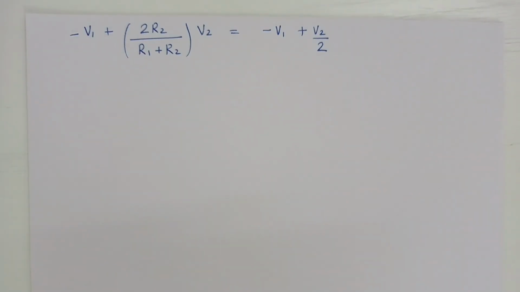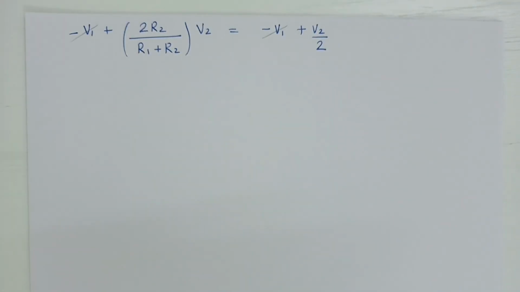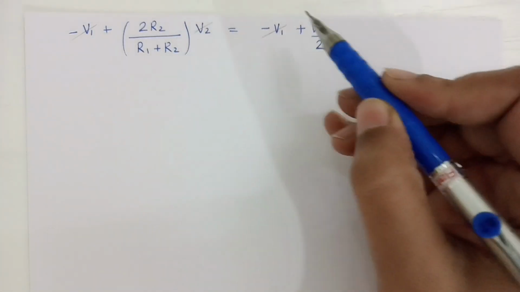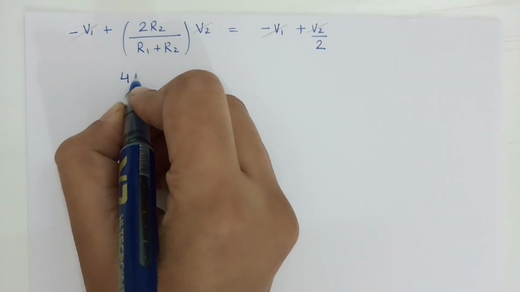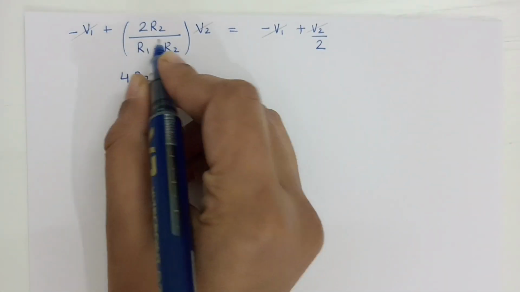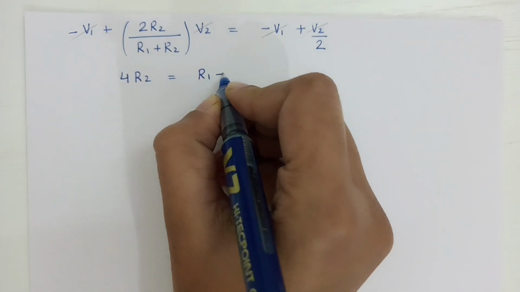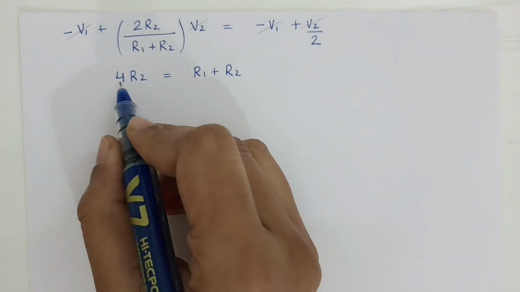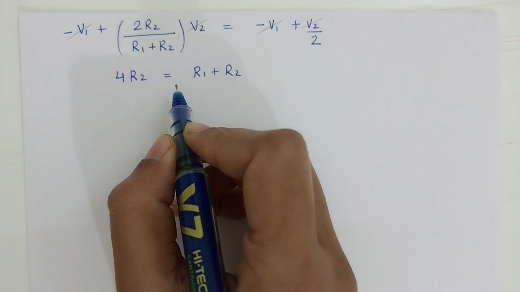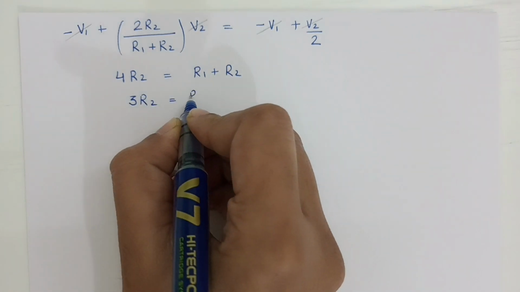So from here you can see we can cancel this minus V1 with this minus V1. Similarly V2 with V2. So 2 times 2 is 4. So here 4R2, and taking this denominator to the right hand side, it will become R1 plus R2 here. And from here 4R2 minus R2 is 3R2. So 3R2 is equal to R1.